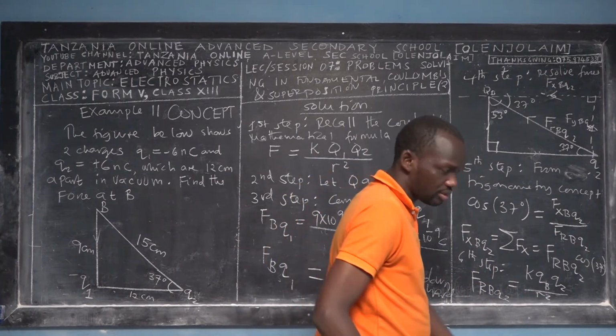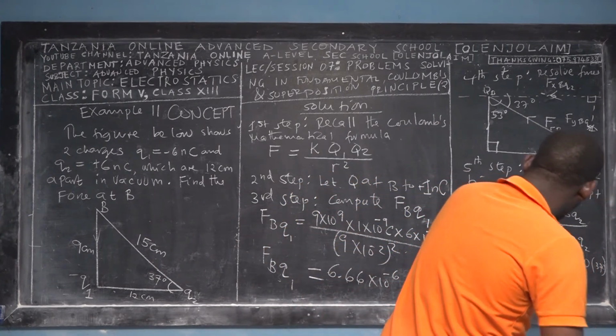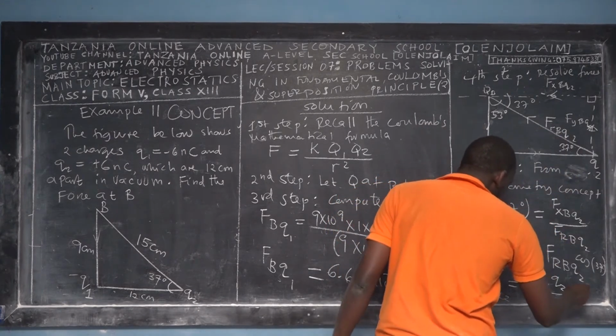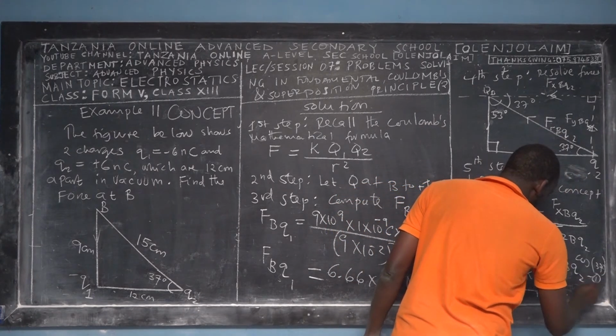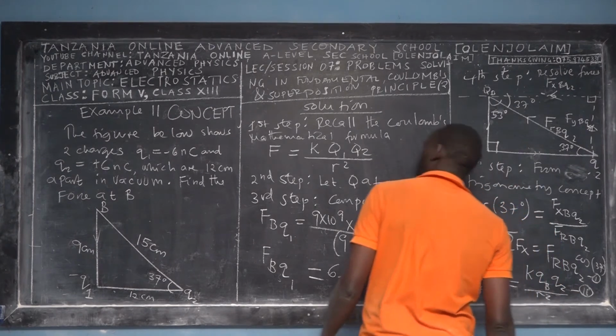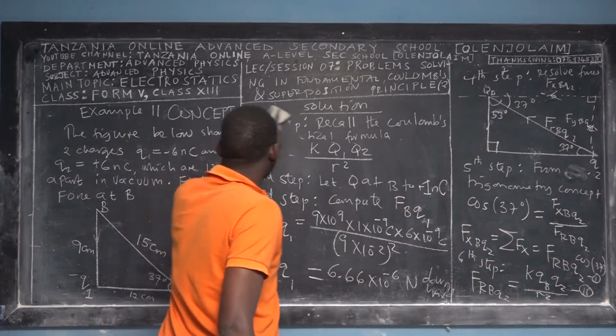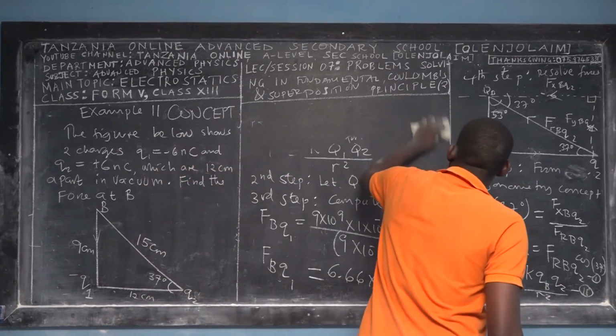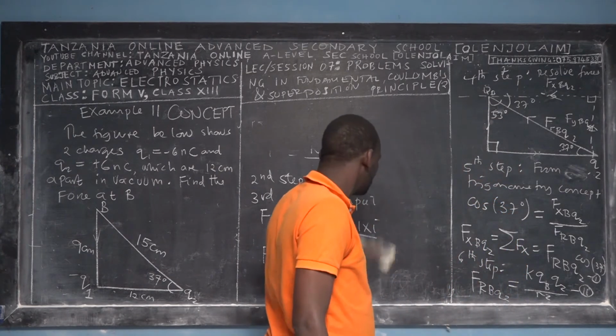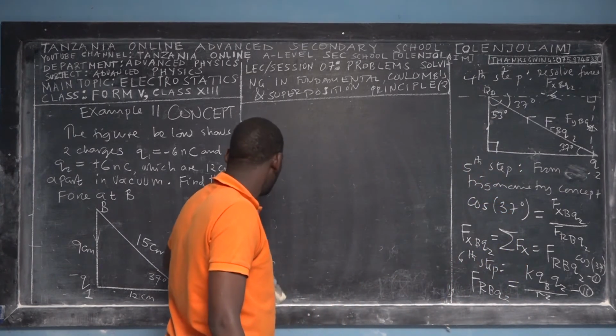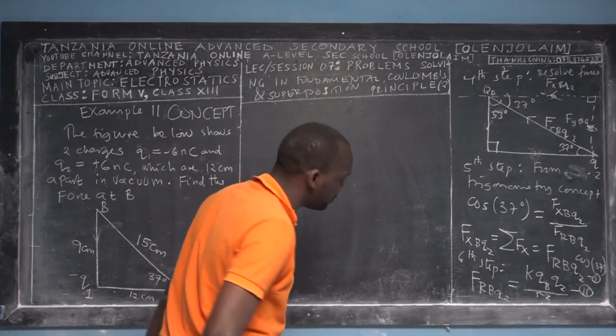Suppose that this is equation 1 and this is equation 2. Physics is beautiful. I'm about to end this session. You have to enjoy and listen carefully to this question because it will help you.